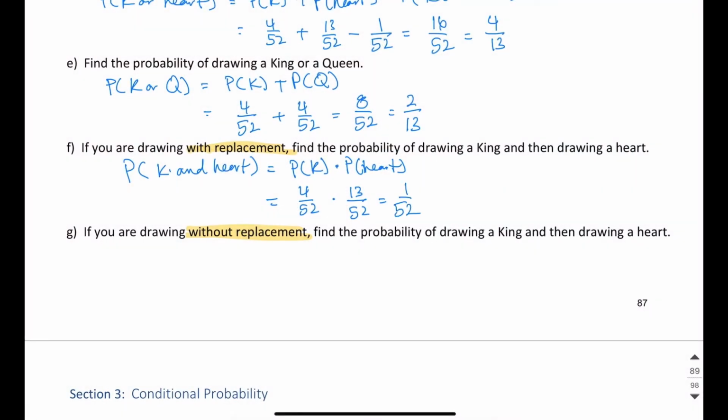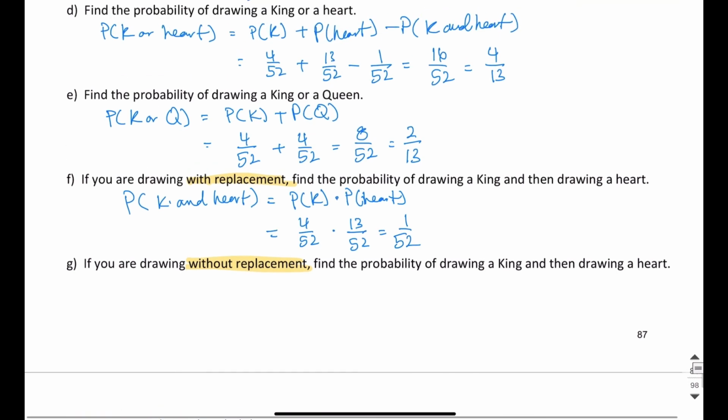Now, in the last example here, we're going to draw without replacement. When we draw without replacement, that means that after drawing the first card, we take that card out and we're not putting it back in the deck, which means that there are fewer cards in our deck now. So what's the probability of drawing a king and a heart?